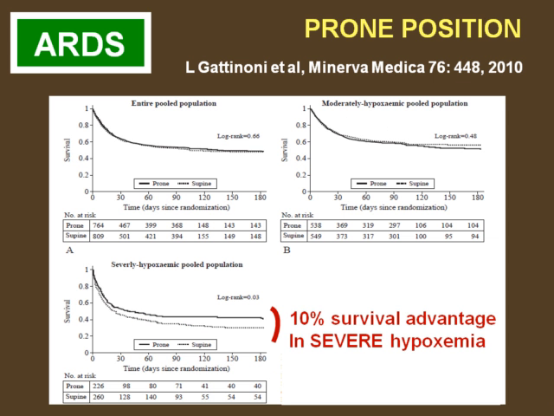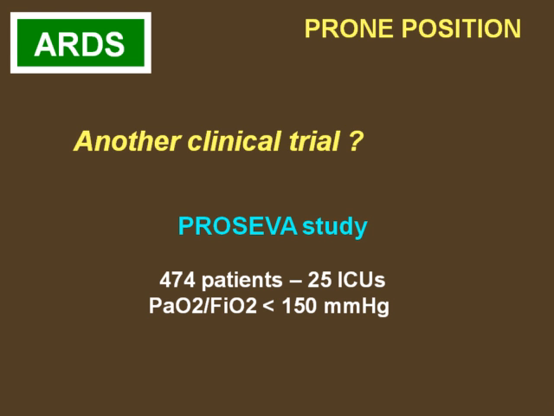And they went on, in a recent issue of Minerva Medica, doing further analysis on individual patients and showing that in patients with the most severe forms of ARDS with profound hypoxemia, there was perhaps a 10% survival advantage with the prone position. So, is the debate over? Are we convinced now? Let's keep it for very severely ill patients.